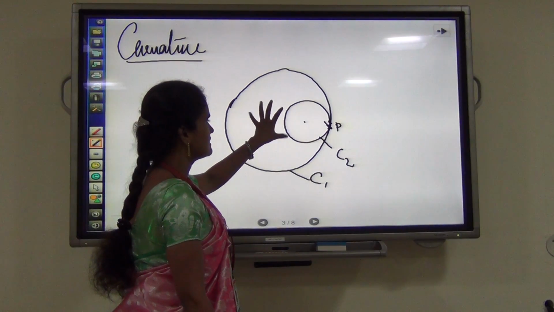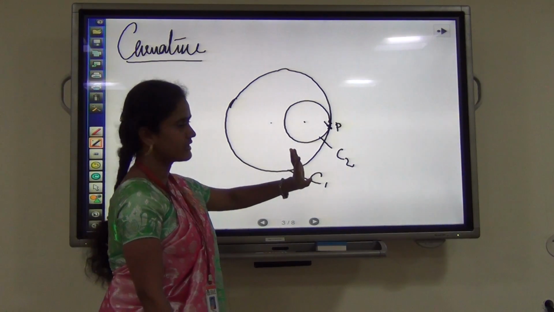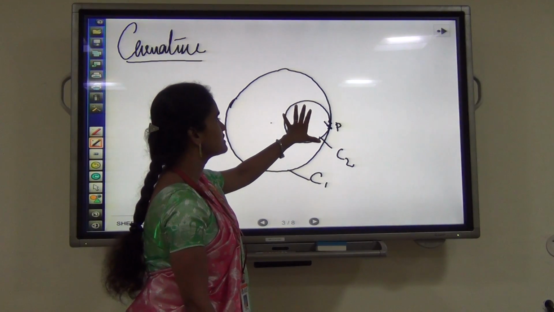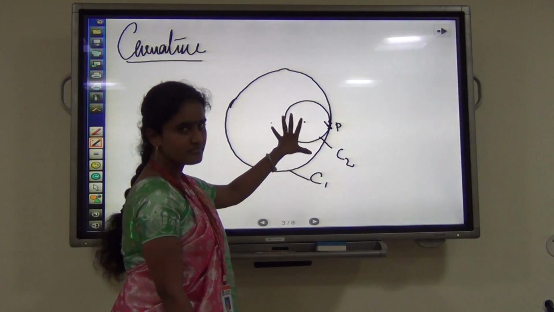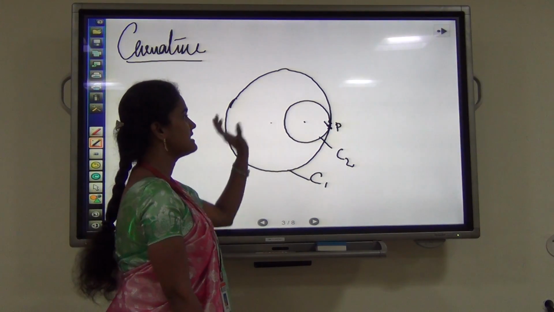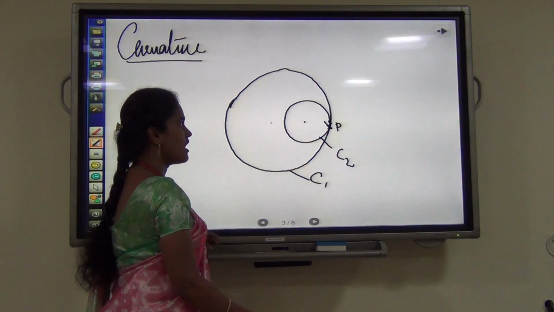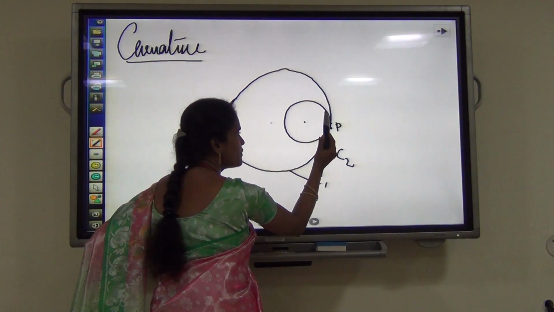Now we have circles, and it is all about curves. The curvature of the smaller circle will be greater than the curvature of the larger circle. How do you say that?